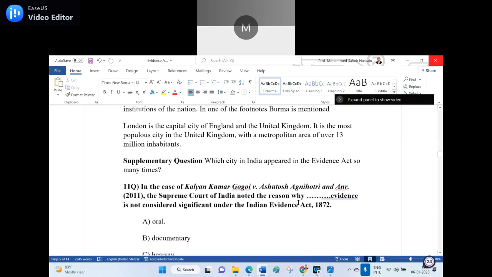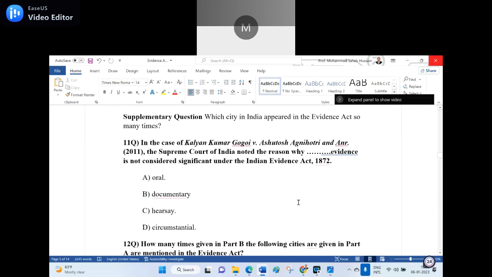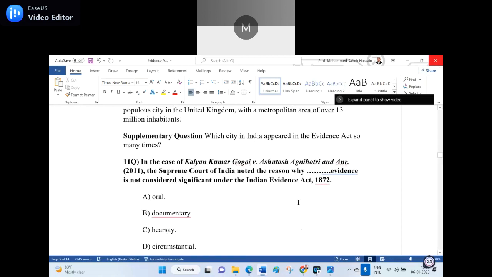Okay, next question. 11th. In the case of Kalyan Kumar Gogoi versus Ashutosh Agnihotri and another, a 2011 case law, the Supreme Court of India noted the reason why dash evidence is not considered significant under the Indian Evidence Act of 1872. And this also I framed in my last, but in a different style.